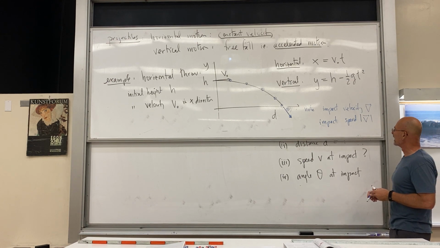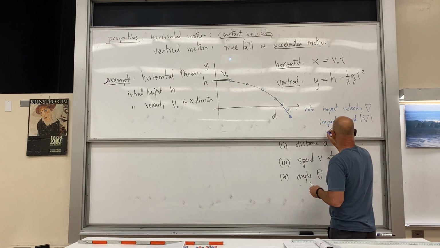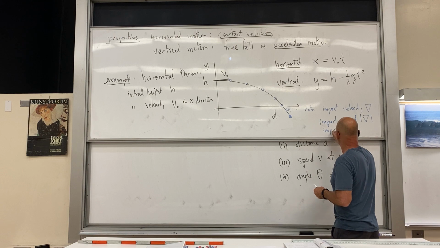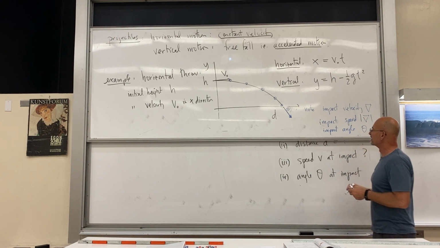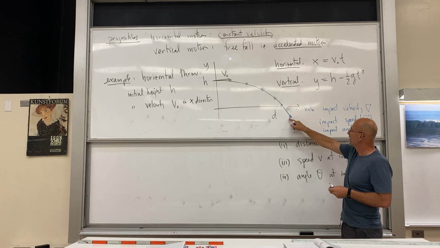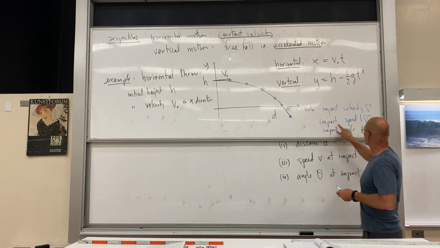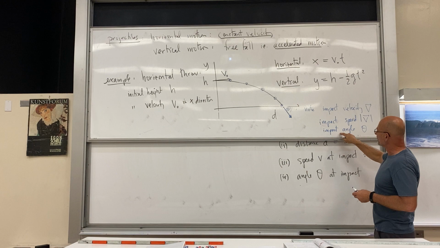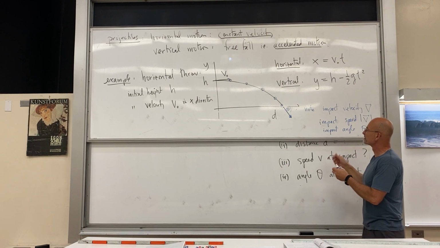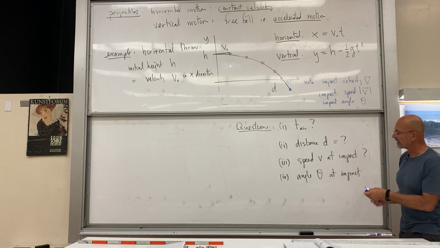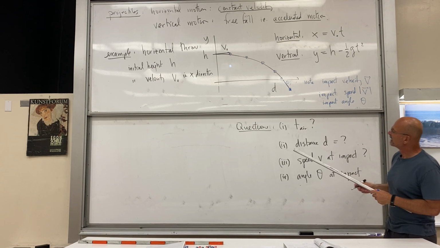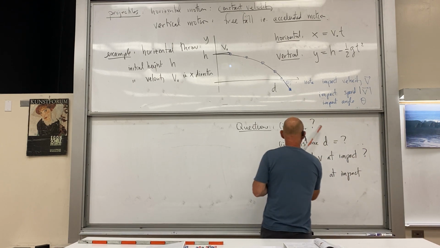We talked about magnitude last time. And then impact angle theta. So that's a vector. It has a magnitude, which is the speed, and there's an angle there as well. We're going to learn to answer all of these questions very systematically, in particular these first two.